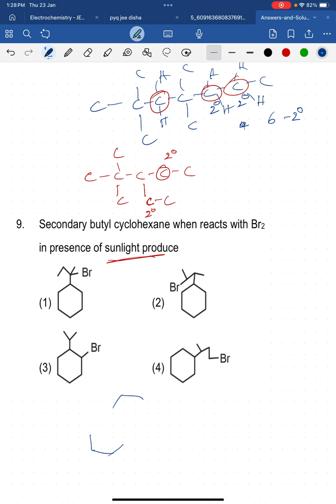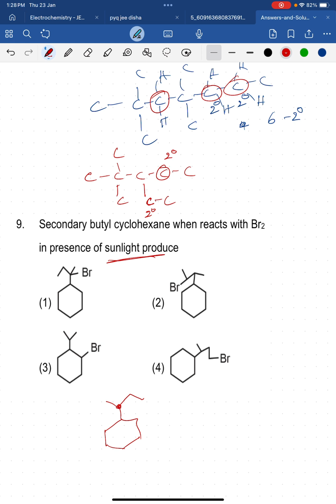So we are writing this structure. Butyl means how many carbons? 4. See, this is secondary butyl at the secondary carbon.